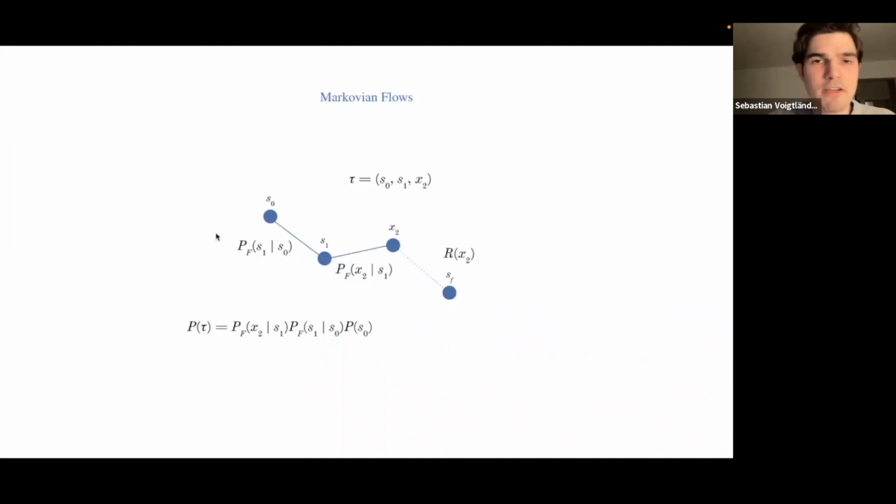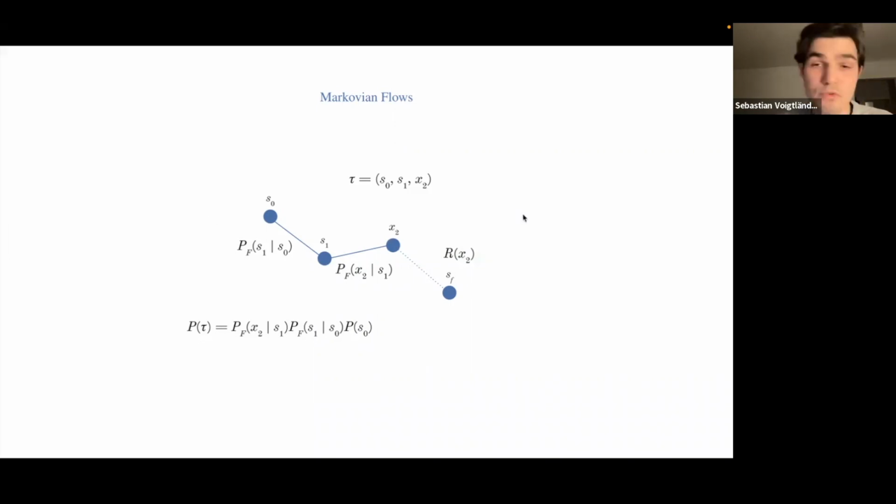And the last ingredient that we need now is Markovian flows. So far, we have been concerned with probability distributions over trajectories in the space that lead to a fully constructed object X. But when you can decompose that probability distribution into individual forward probability distributions, then the only thing you need to worry about are Markovian flows, which are flows from which you can construct these forward distributions.